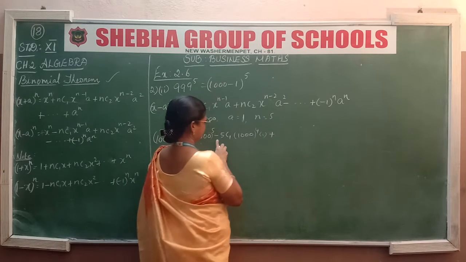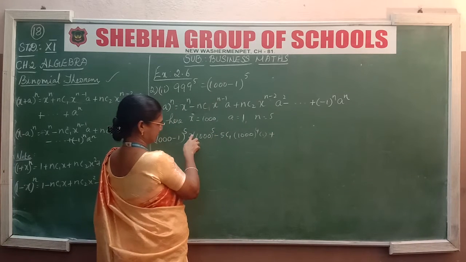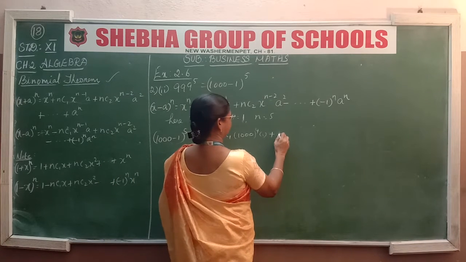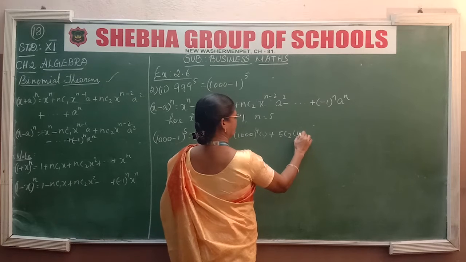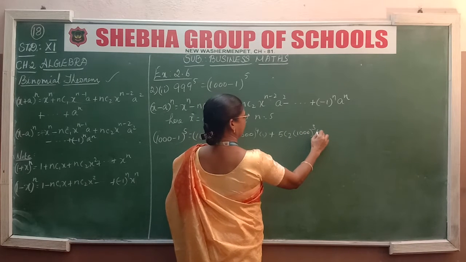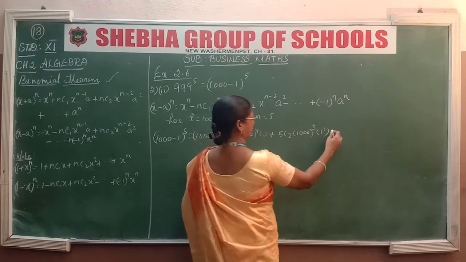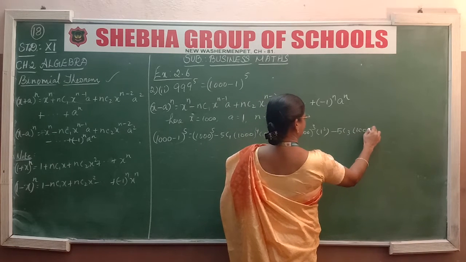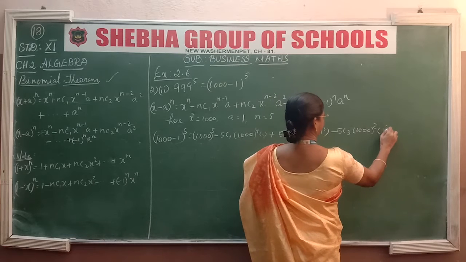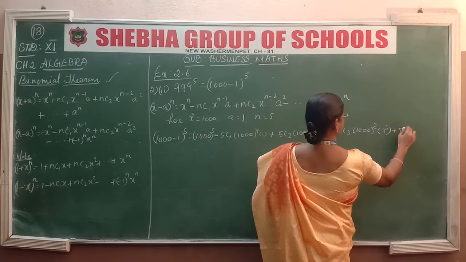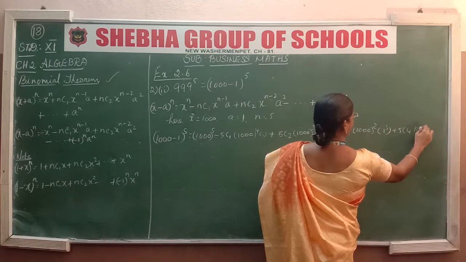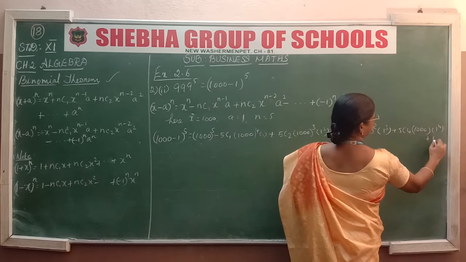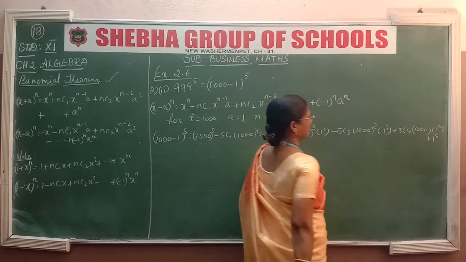Next we have the signs alternately: first plus, next minus, plus 5C2 1000 power 3 into 1 square, and minus 5C3 1000 square into 1 cube, plus 5C4 1000 power 1 into 1 power 4. The last term is 1 power 5.